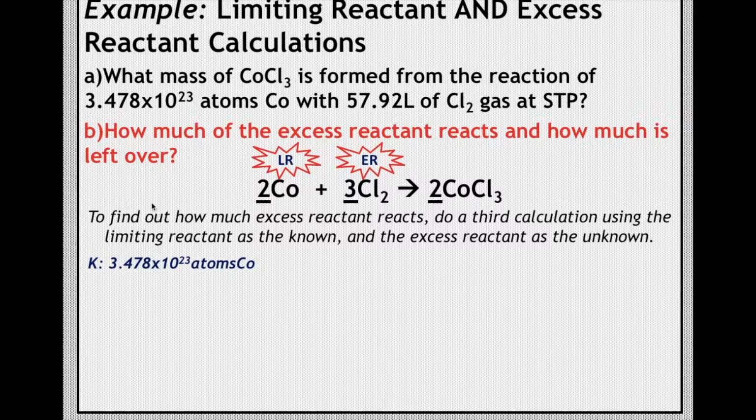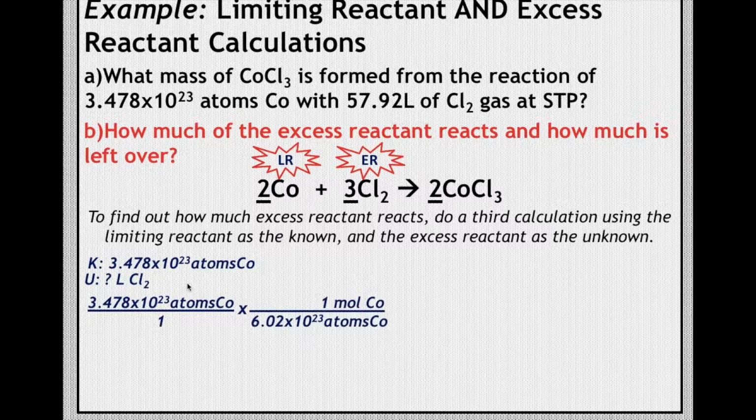So how much of the excess reactant is left over. So then our unknown will be liters of chlorine. That's our excess reactant, okay? And now you just follow the rules of dimensional analysis. You have your atoms of cobalt here, and then you have your atoms of cobalt here, okay? This is just a conversion.